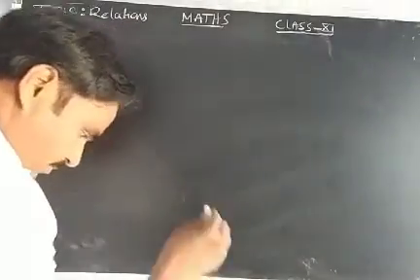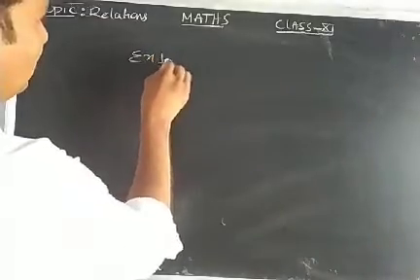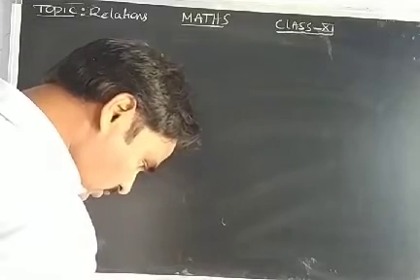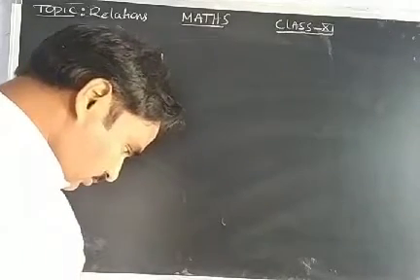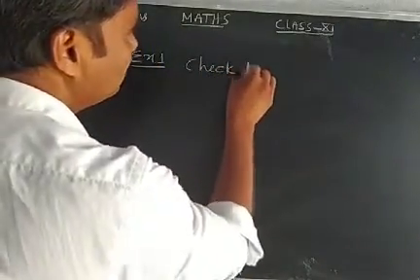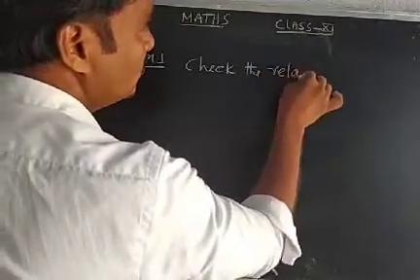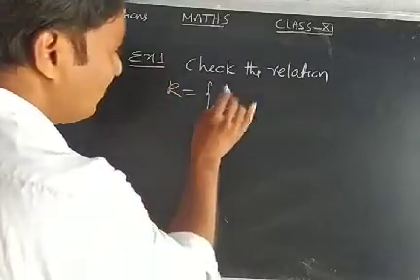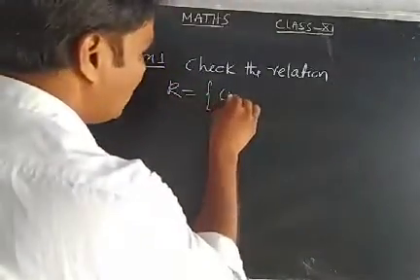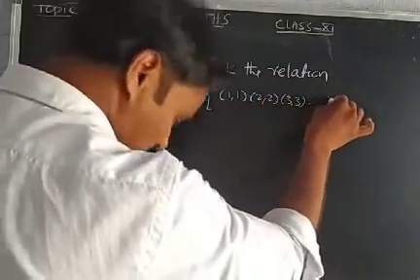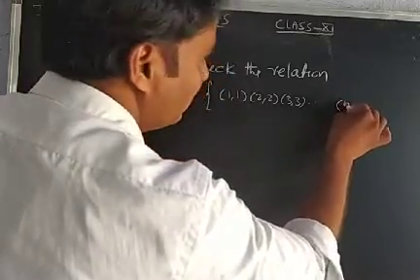few example problems. One more example problem. Example 1. In the set Z, check the relation R. We have been given one relation R: (1, 1), (2, 2), (3, 3), and so on, (n, n).